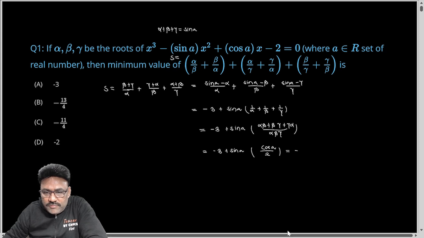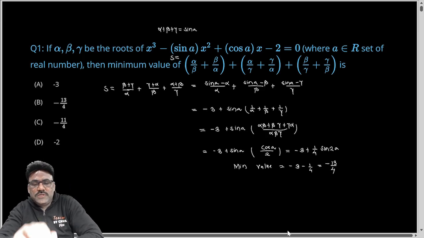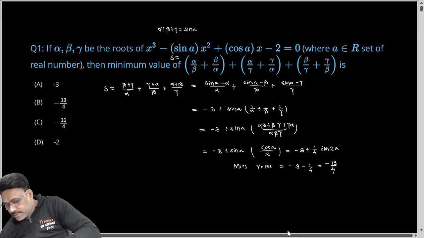So finally it is minus 3 plus 1 by 4 sine 2A. Since we have to get its minimum value, sine will be minimum minus 1. So it is minimum minus 3 minus 1 by 4, which is minus 13 by 4. Means B option is the correct option here, right?